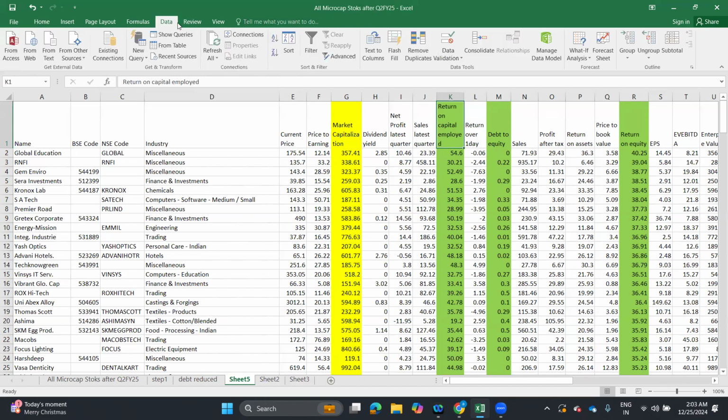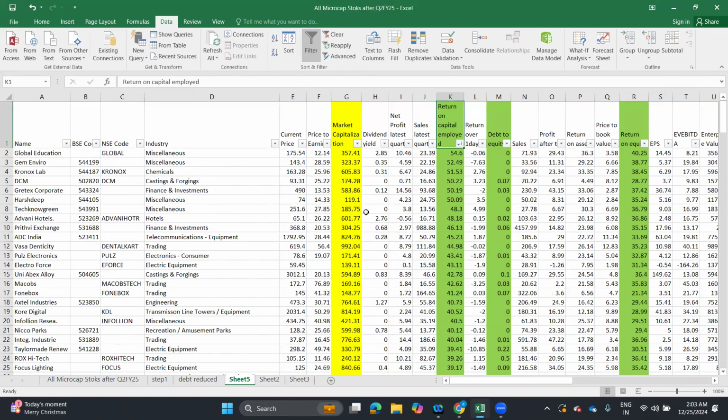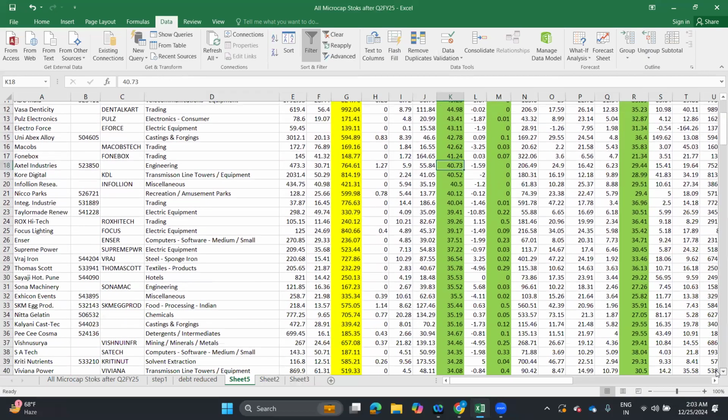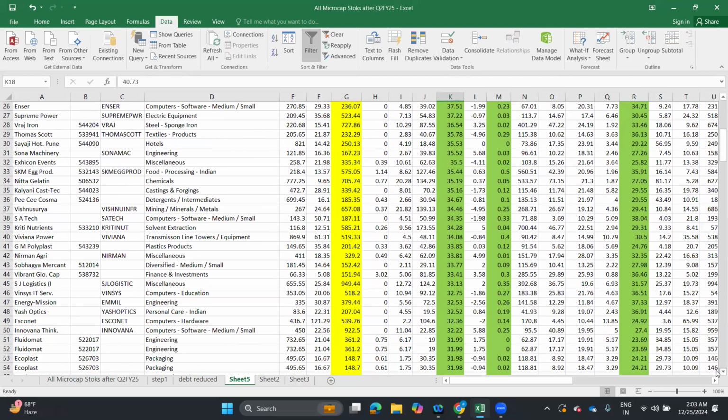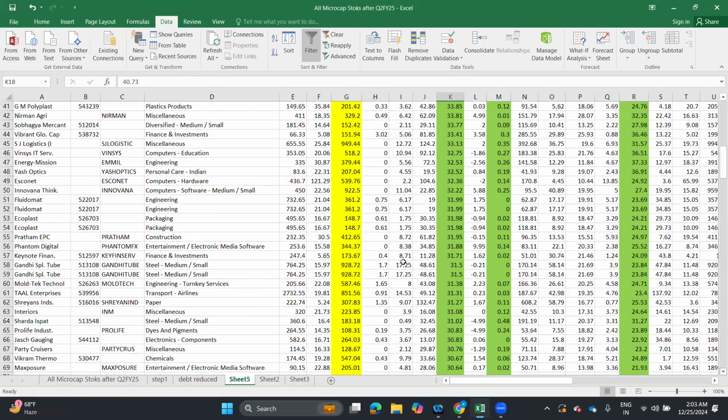Again, I'm filtering data, return on capital employed, largest to smallest. A 50% ROC is something very astronomical, so I'm eliminating that and coming down to 40%. 40% is also very high, so let's come back to 30%. So this is the 30% list.